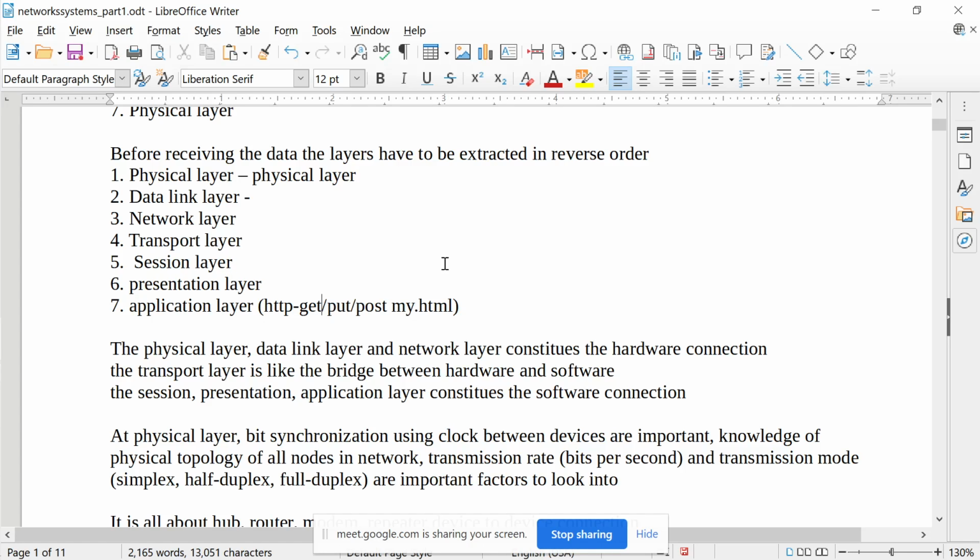And this layer is used by all applications. HTTP is used by all web applications. If you are uploading and downloading a file, then you would use an FTP protocol. If you are sending email, you would use an SMTP protocol.